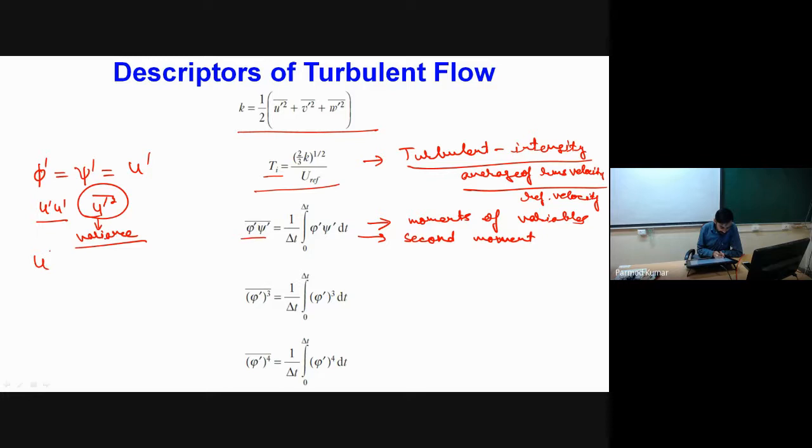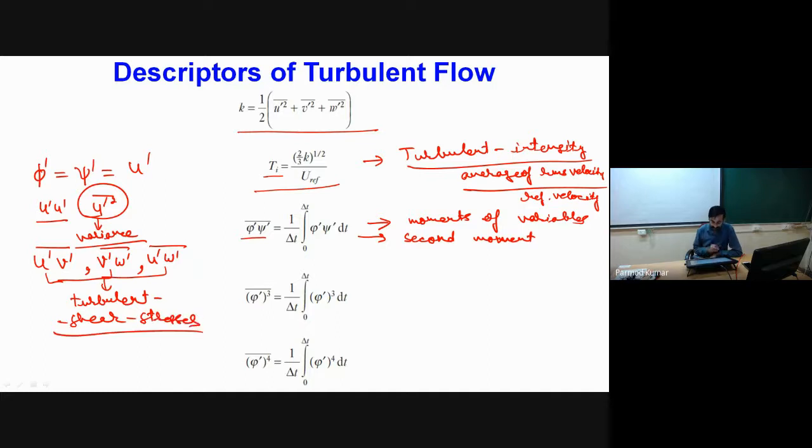So it will form a vector something like this: u dash into v dash bar, v dash into w dash bar, and u dash into w dash bar. Okay. So all these three, when multiplied with density, will become part of the turbulent shear stresses in our governing equations.